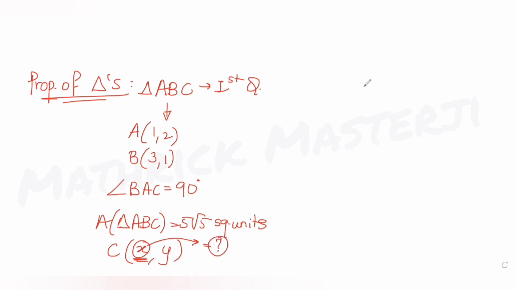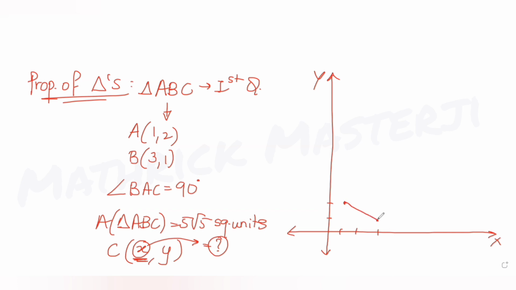If I see that, I have the y-axis and the x-axis, and I am just drawing the first quadrant for now. It's told to me (1, 2), so let's say somewhere here, and the other is (3, 1), somewhere here. So these are my two points.